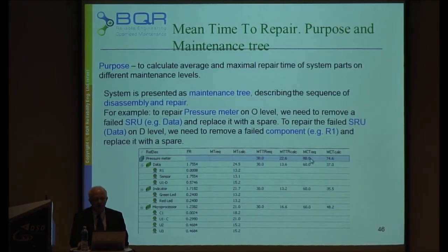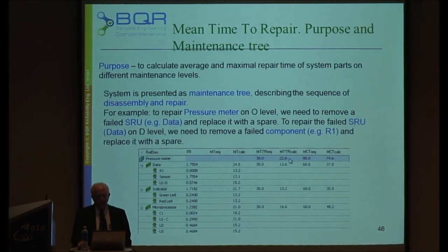So if I'm not allocating enough time to complete the maintenance, and I need the system, let's say, after 40 minutes, I will find myself many times that I will not be able to complete the maintenance.